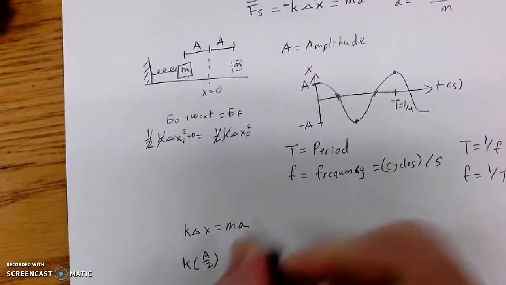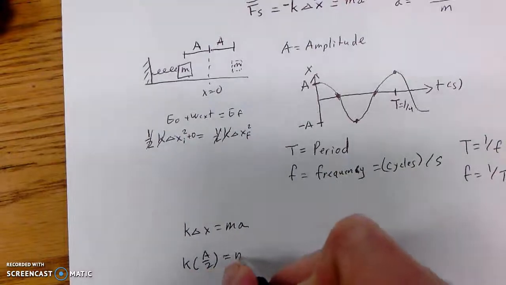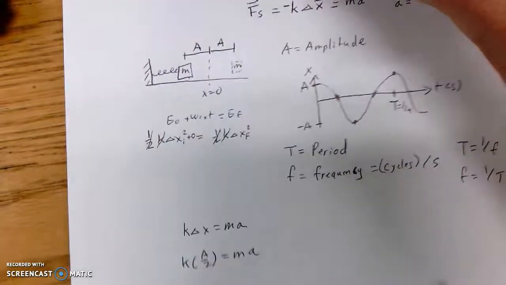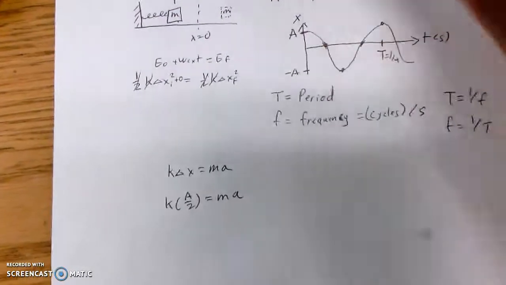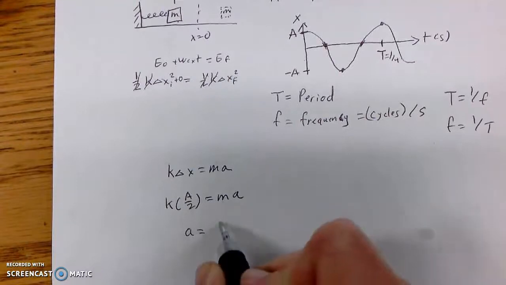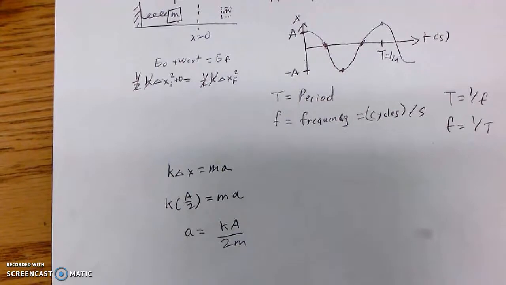Delta x is A over 2, could be on this side or this side for mine because I'm not worried about direction right now, equals mass times acceleration. What would be the acceleration of the object? And you would just solve: acceleration is k times amplitude over 2 times the mass.